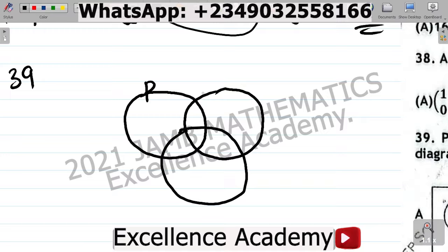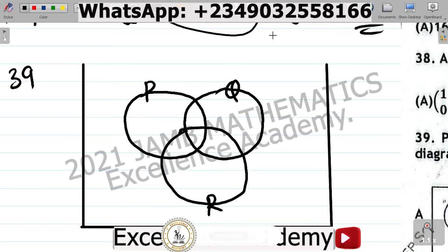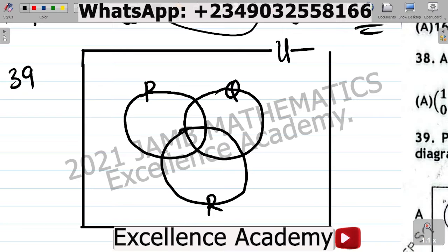Right, so this is P, this is Q, this is R. These are subsets of a major Venn diagram, which is the one we've done here. All right, we'll call this U, the universal set. All right, so we have this.